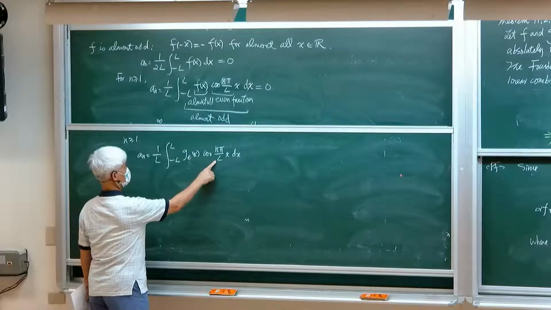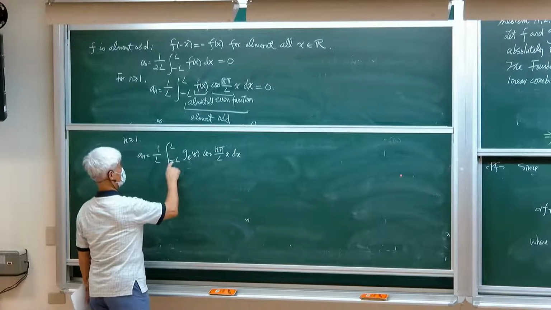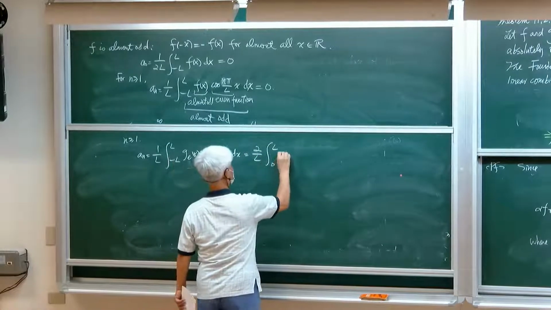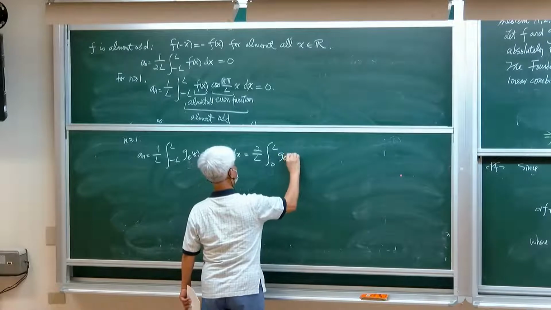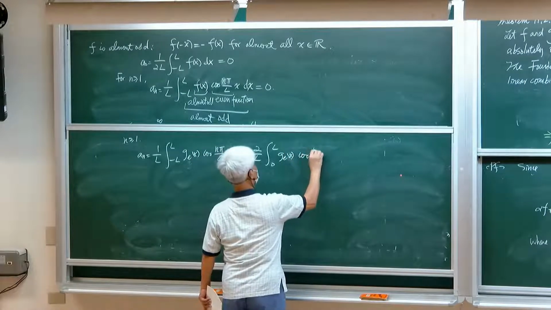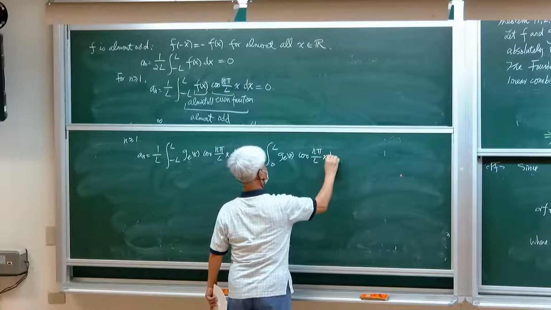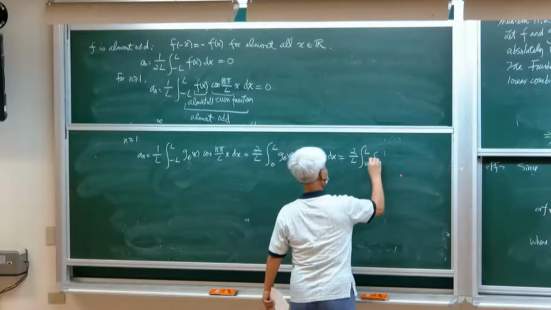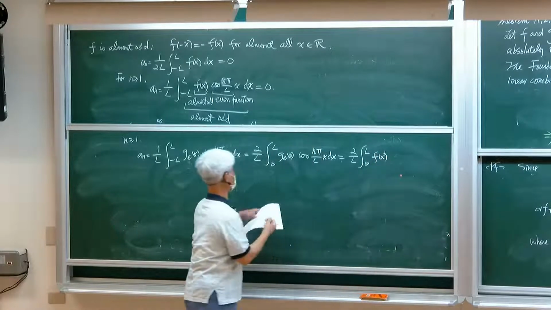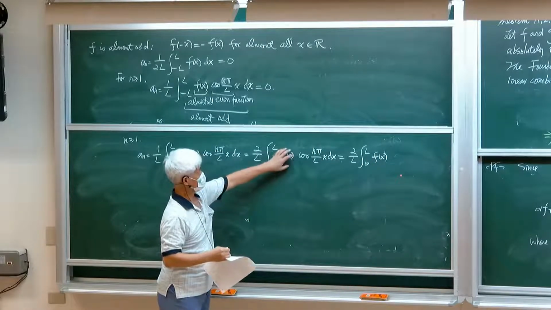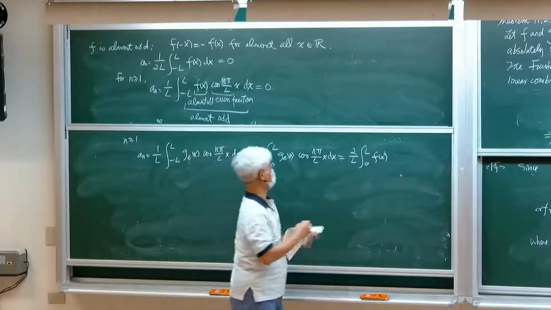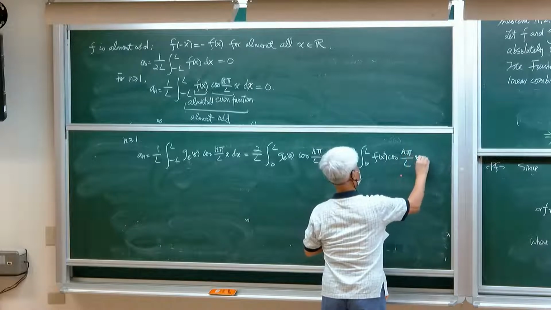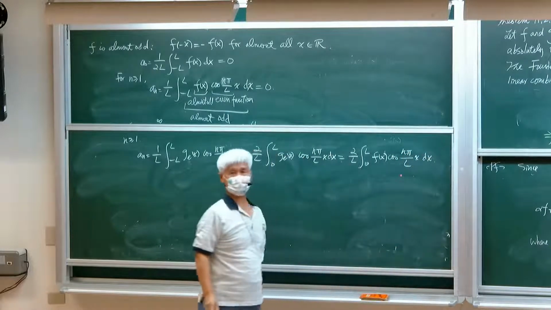This is also an even function. So this is all equal to the integral from 0 to L. And this becomes 2 f of x because in this range from 0 to L, g_e of x is equal to f of x. So again, you can compute the coefficient.